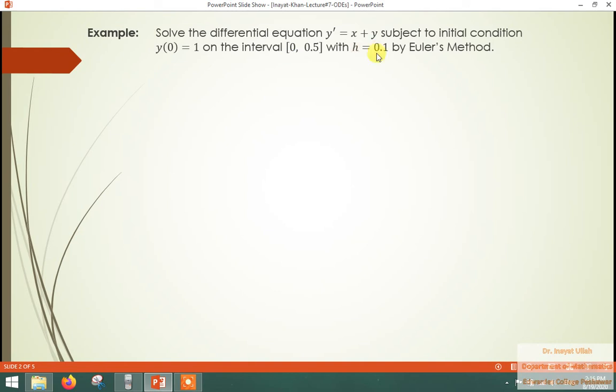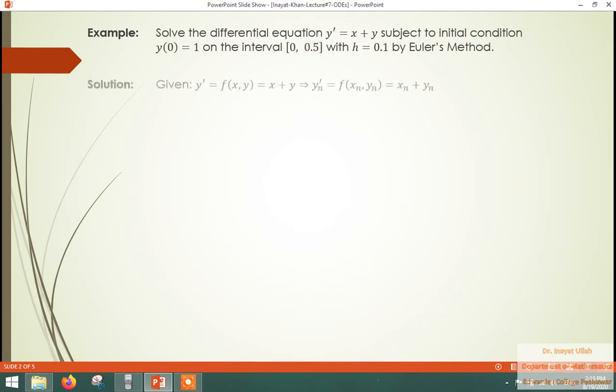You need to solve this differential equation with the help of Euler's technique. The interval starts from 0 and ends at 0.5. You need to start from 0 and reach 0.5 by taking this step 0.1, that is 0, then 0.1, then 0.2, 0.3, 0.4 and 0.5.